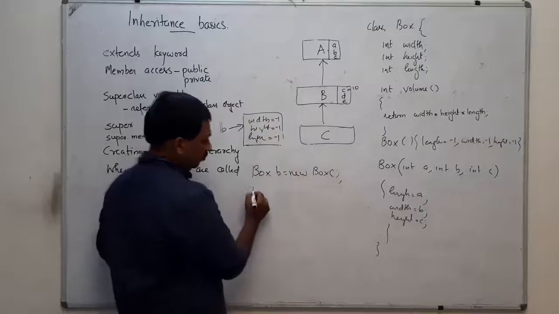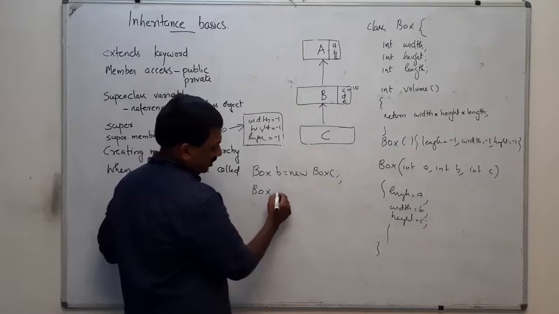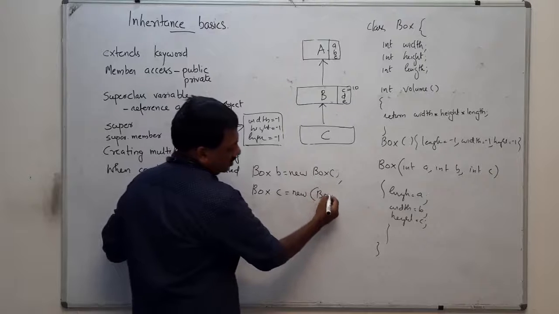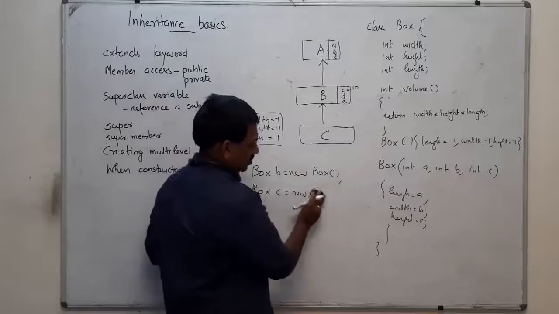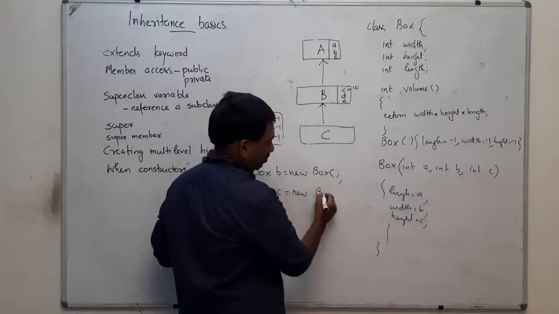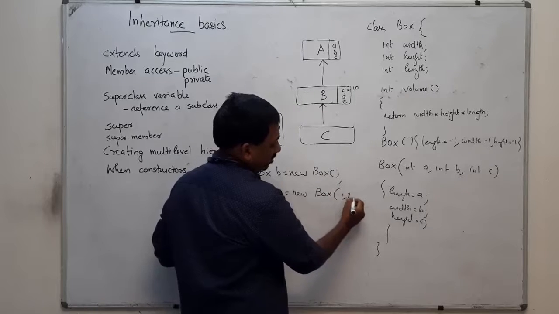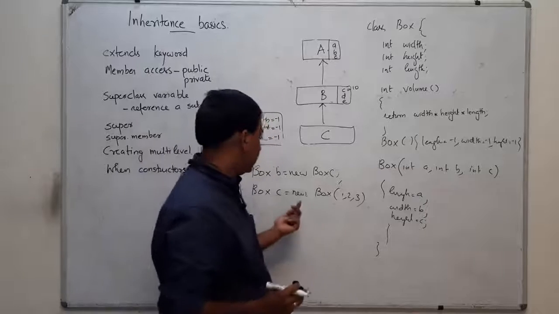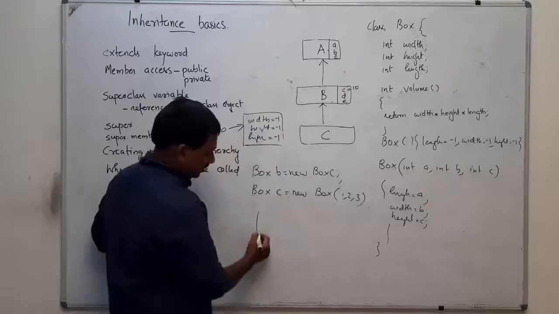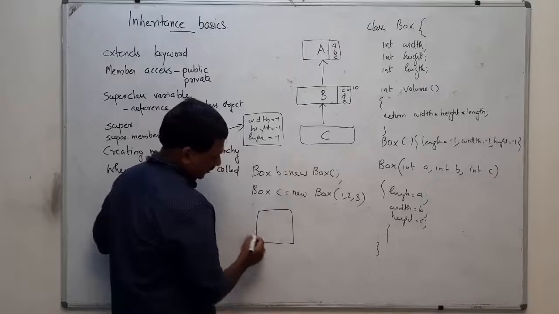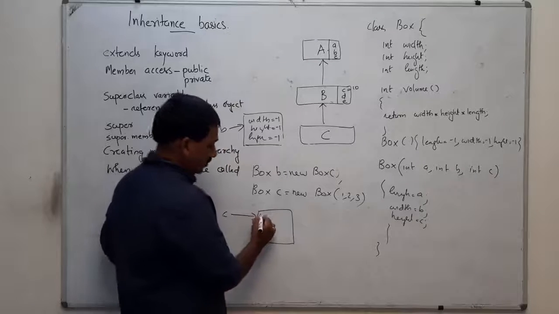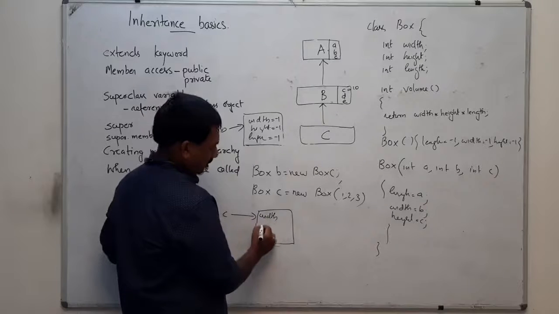I am going to have a new Box, say C is equal to new Box, say 1, 2, 3. What will happen? After creating an object of type C, here you have width, height, length.